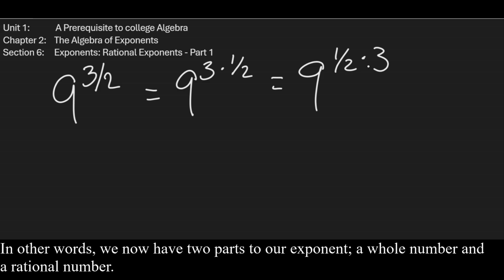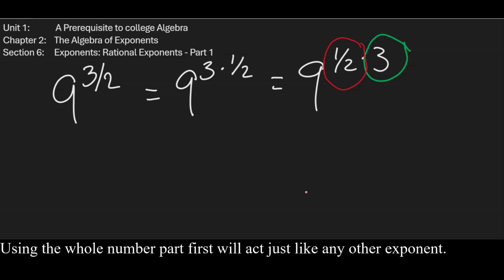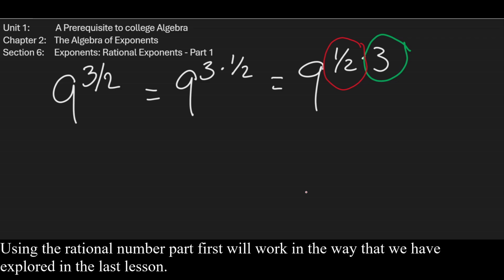In other words, we now have two parts to our exponent, a whole number and a rational number. Using the whole number part first will act just like any other exponent. Using the rational number part first will work in the same way that we have explored in the last lesson.